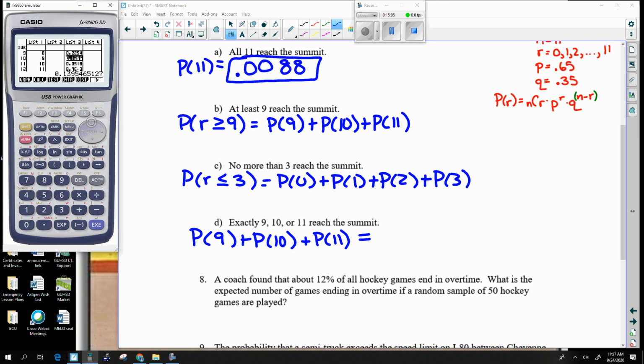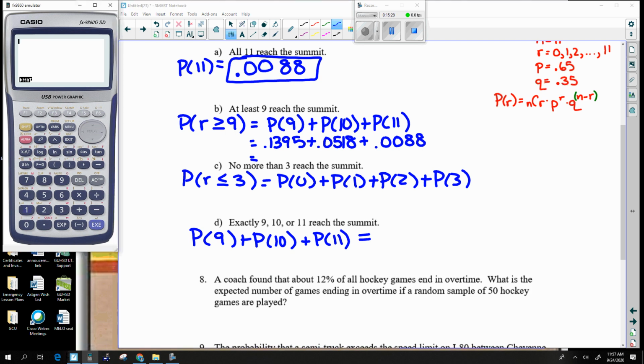All right, so going backwards, we have the probability of 9, which is 1395, plus the probability of 10, 0518, and the probability of 11, which again is the one that I just found. And just add those together. So 1395, 0518, and 0088.